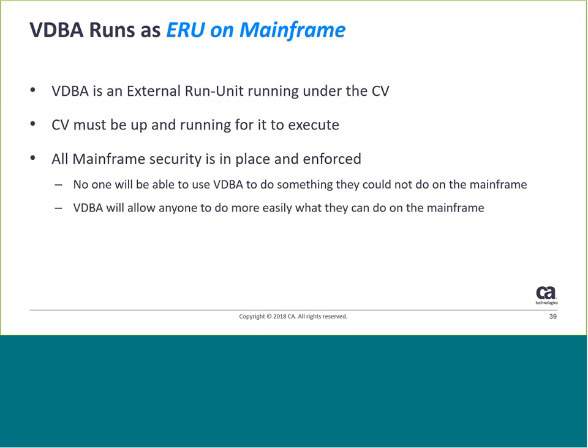So it's the same restriction that you would have if you're trying to do things directly on the mainframe interactively with the CV. There's no additional restriction there. And since Visual DBA is running as an external run unit, any and all security that you have defined on the mainframe is fully in place, fully enforced. No one can use Visual DBA to do anything that they would not be able to do on the mainframe. Visual DBA just lets them do it, in most cases, more easily.